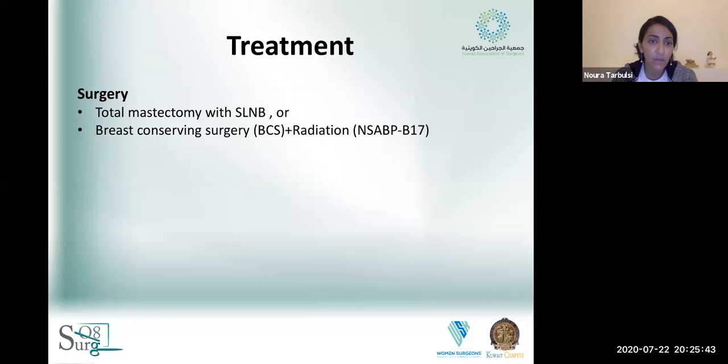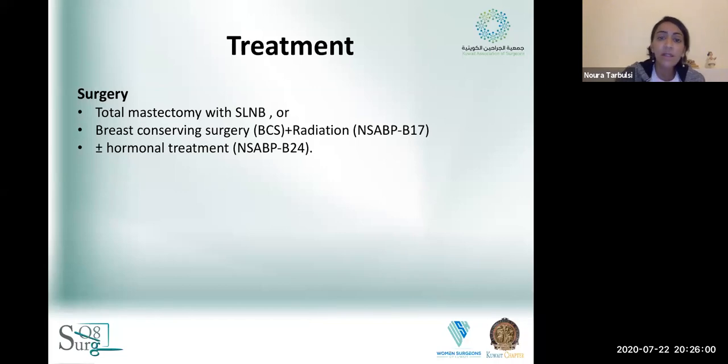If there is something from the previous slide that tells you that the patient is at risk of having invasion, then you will do the sentinel at the same time, followed by radiotherapy, and then plus or minus hormonal treatment. The B17 and B24 are the large trials that the recommendation for radiotherapy and hormonal treatment came after.